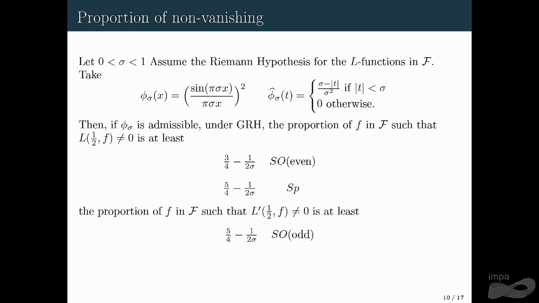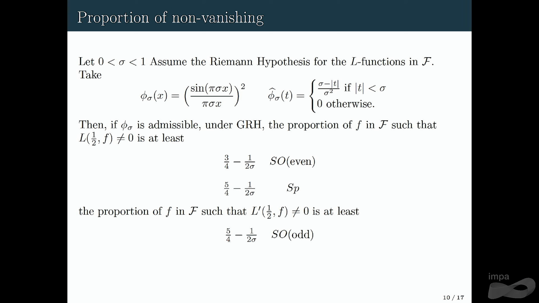That's why my SO even and my SO odd are in different lines, because usually the SO even L-function will have sign of the functional equation equal to 1. So a priori, there is no reason to vanish at 1/2. And then it implies that the order of vanishing at 1/2 should be even.